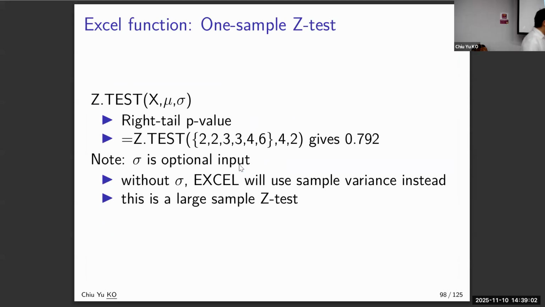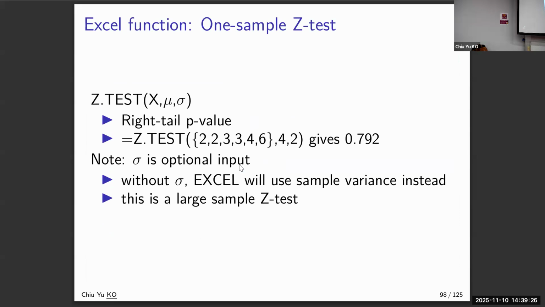This Excel Z test, as you would imagine, is doing a right tail test. It's not a two tail, it's a right tail. That means that if you want to do a two tail test, you have to subtract from 1 and multiply by 2. If it's less than 0.5, you just multiply by 2.